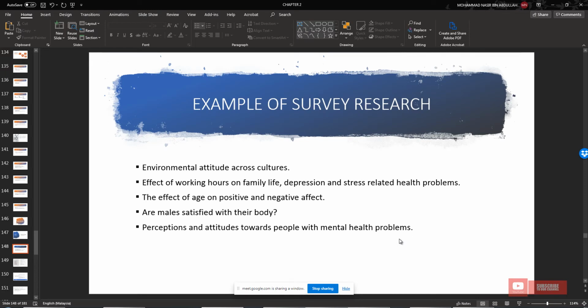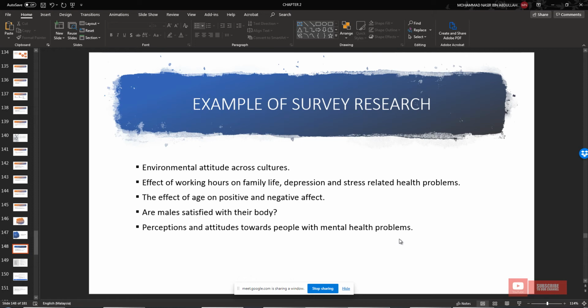So examples of survey research are environmental attitude across culture, effect of working hours on family life, depression, stress related to health problem. Another example is knowledge, attitude, and practice on dengue fever prevention, right? The effect of age on positive and negative effect.